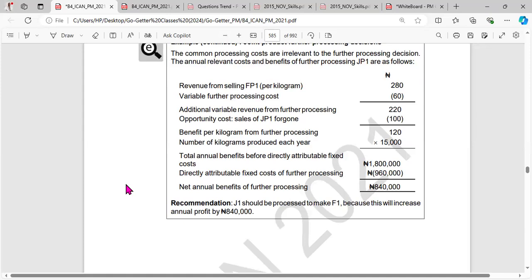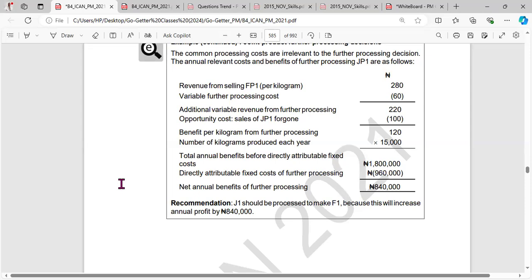If you do not turn it to J1, your profit will just remain the way you are expecting it to. But that means you would have just made 100 naira as your contribution, times 15,000.